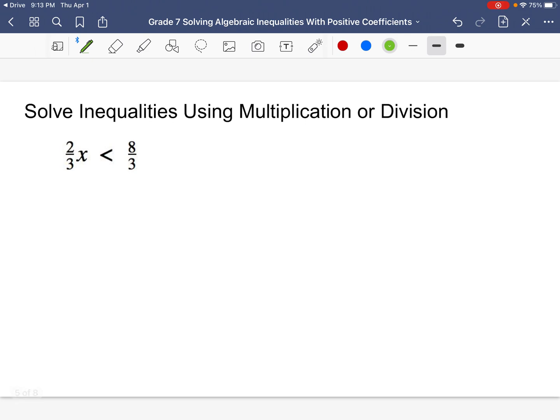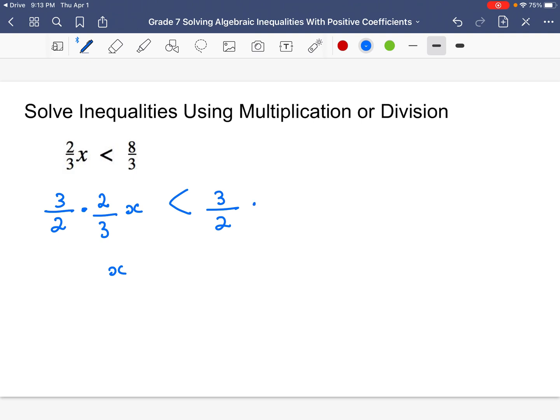To solve inequalities again with multiplication or division, here we have a fractional coefficient or a rational number coefficient, so I need to multiply 2/3 x by 3/2 because that's the reciprocal of 2/3, and that will give me just x. But I also need to do the same to the other side of the inequality.